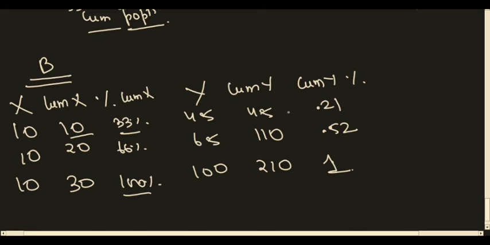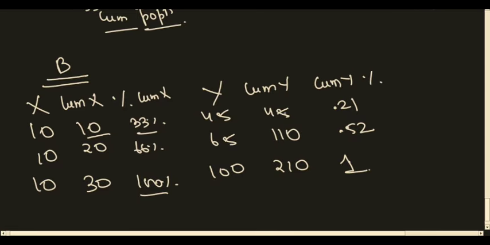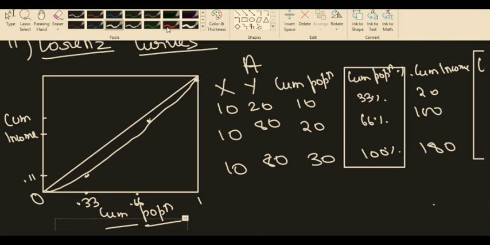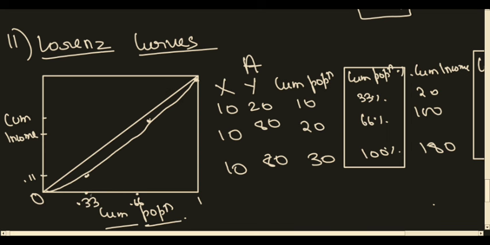So at 0.33, we have 0.21. Let's take a different color for country B. Stick red. 0.33, we have 0.21. Somewhat here.